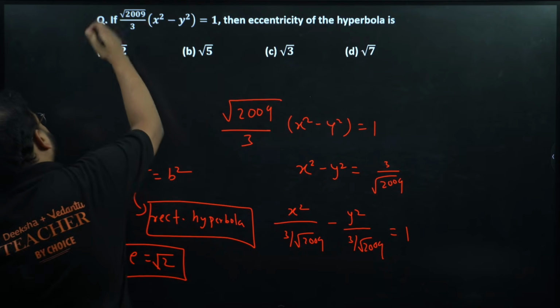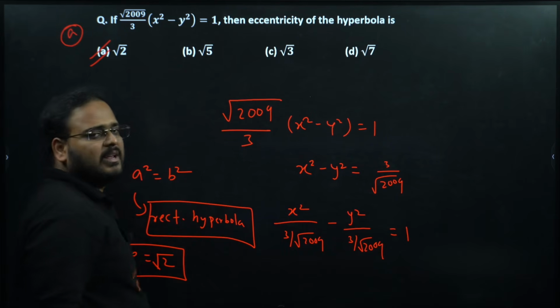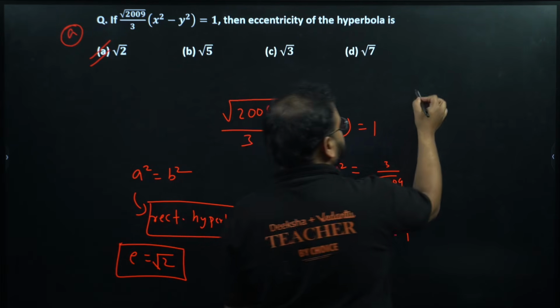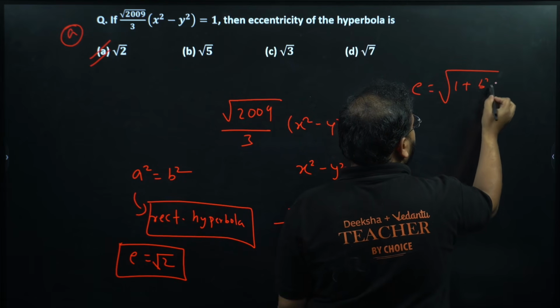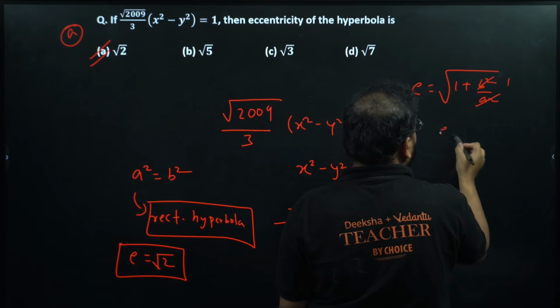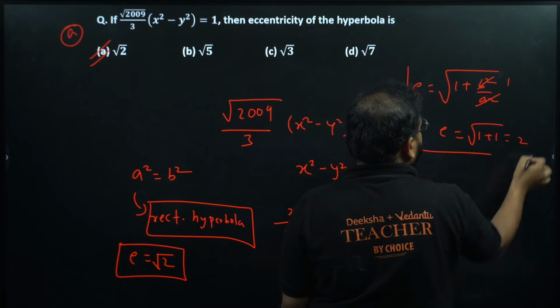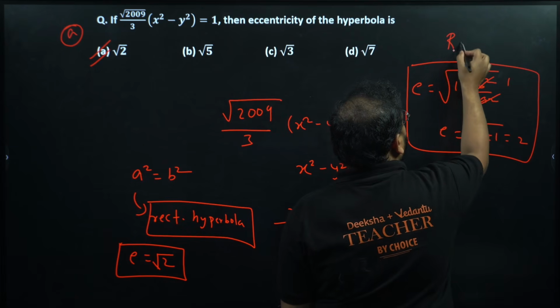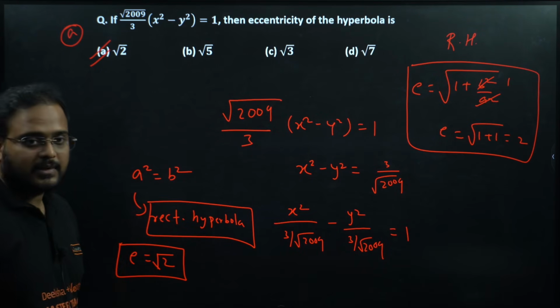Regardless of the value of this, it does not matter, always option A. How can I say that? Think about it. We have 1 plus b square by a square. This cancels, sir, 1, so e equals 1 plus 1, and the answer is root 2. This is the case for a rectangular hyperbola. Clear now?